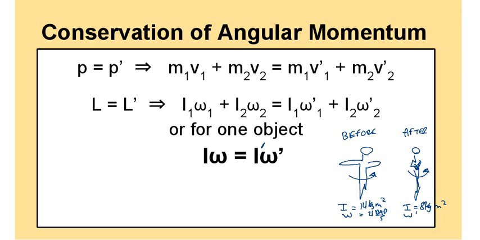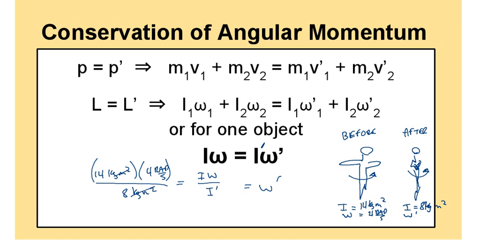Here's a real nice formula. Really easy math, nothing to it. The new angular velocity would be I omega over I prime, and you can see that that would be 14 kilogram meters squared times 4 radians per second, and then we want to divide by 8 kilogram meters squared.